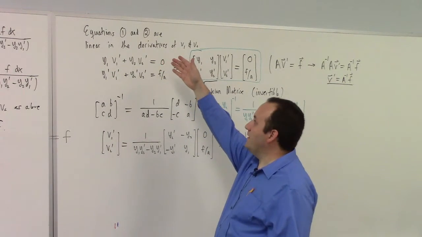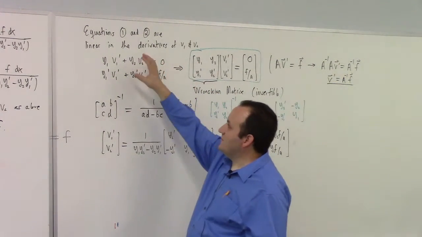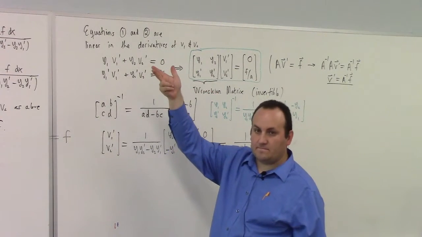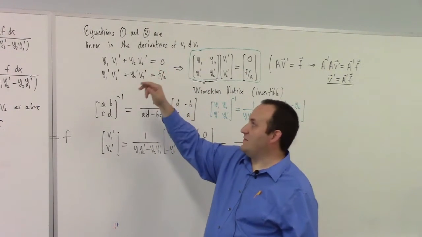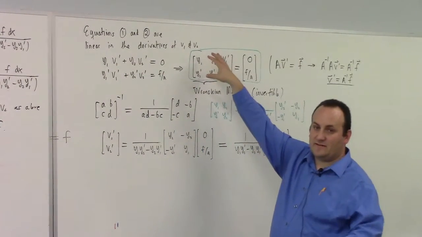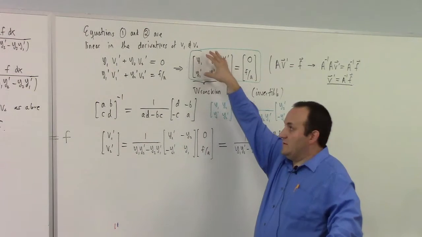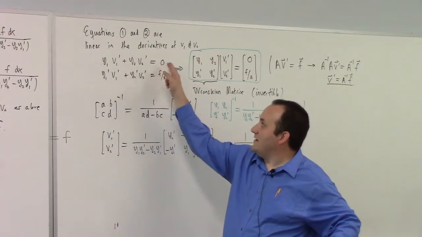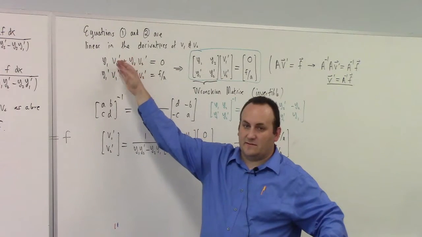So you're thinking of v1 prime and v2 prime as variables, and you also have this Wronskian to play with because you have linear independence of the functions, right? So that first condition is this equation, and that's part of a package deal.